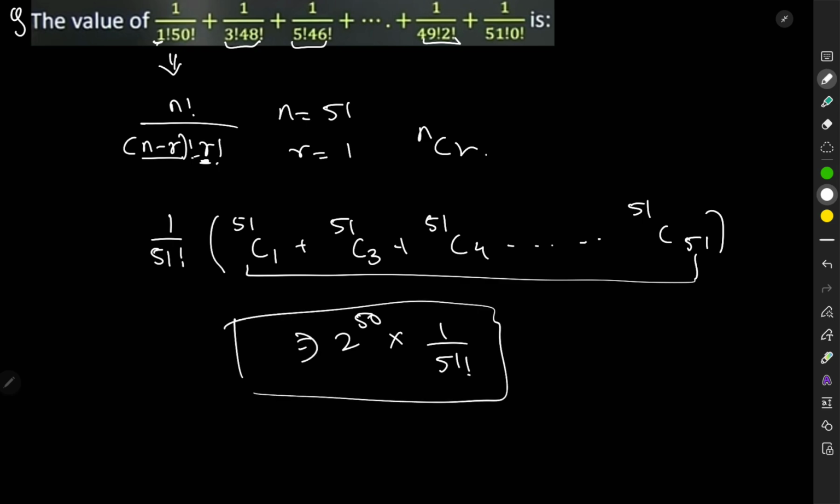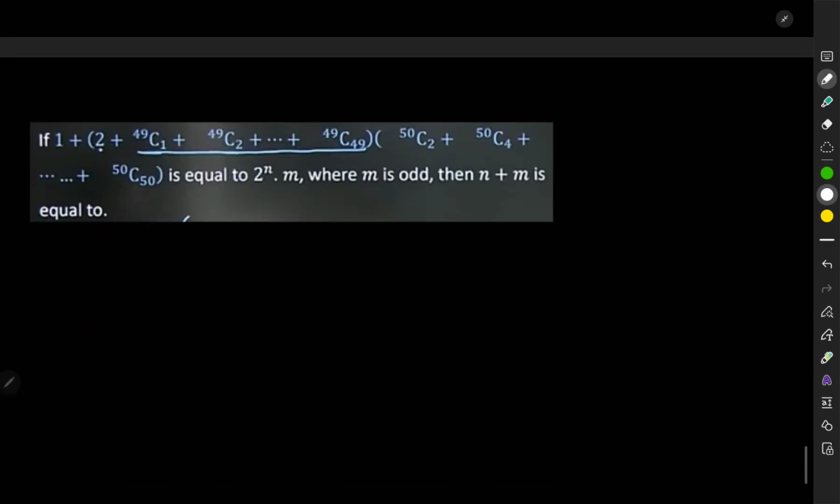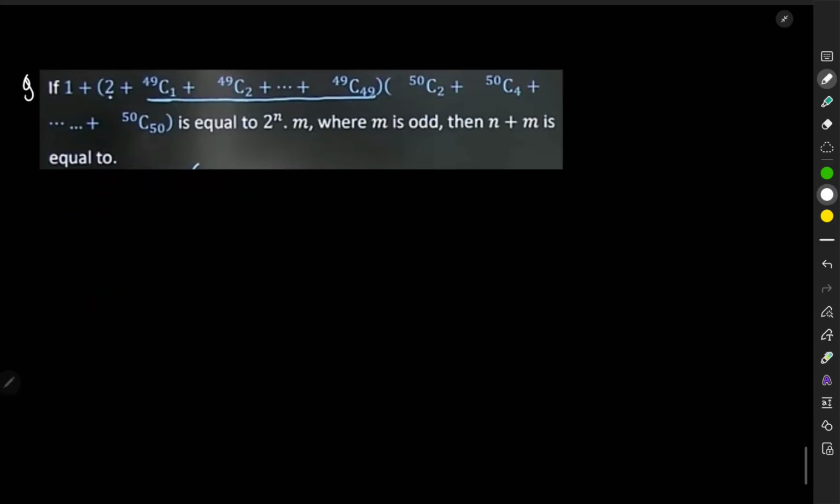Fine. Let's go for another simple question. So this is an equation already given, 1 plus, as you can see, this is nC1, nC2, this is still 49. This is easy to calculate. In that case you can write it like this, because it should start from 0, then only you can apply the binomial coefficient sum equal to 2 to the power n.